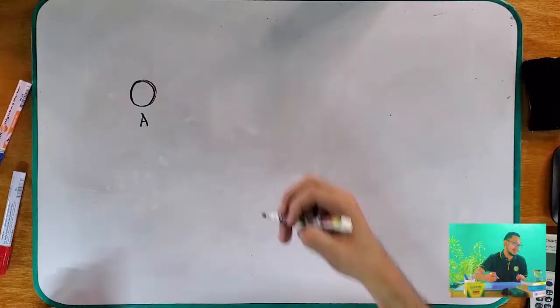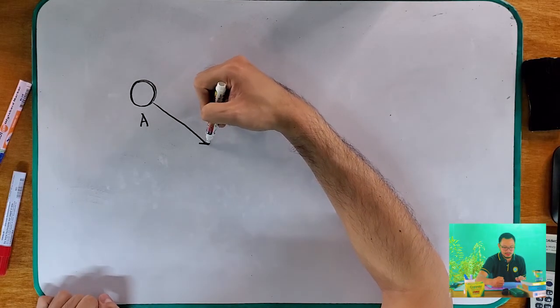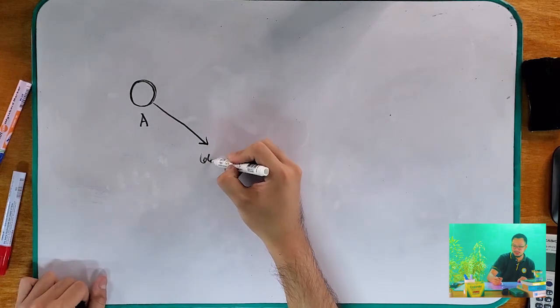And then, we make a free body diagram of this ring A. And the rule in our free body diagram is to account for all the forces that are acting on this ring. And as you can see in our figure, we have this force of 600 newtons.